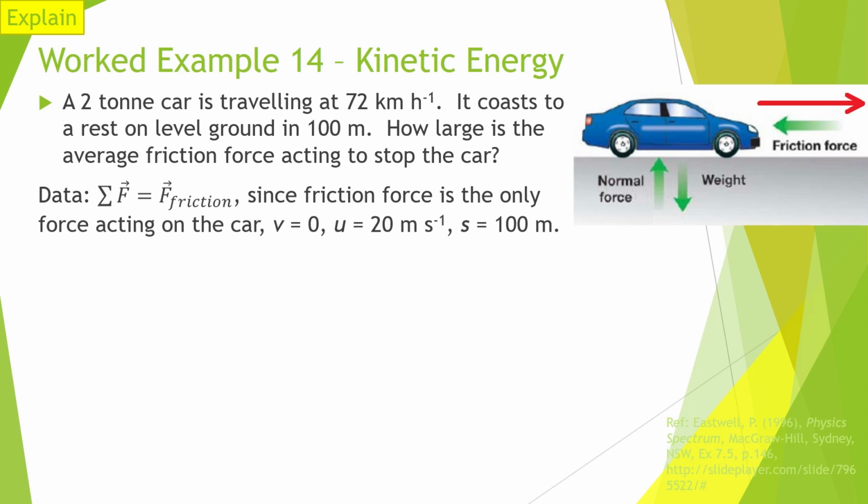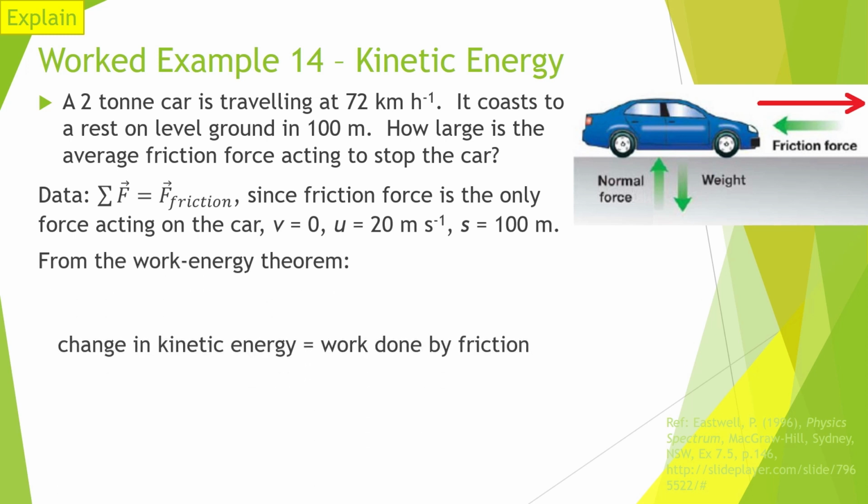First step is data. So the net force in this case is only the force due to friction in the horizontal direction. It's the only force acting on the car in that direction. u is 20 meters per second, v is 0, and our displacement is 100 meters.